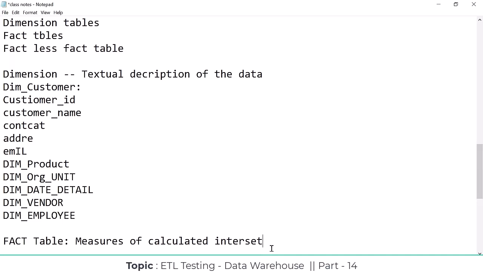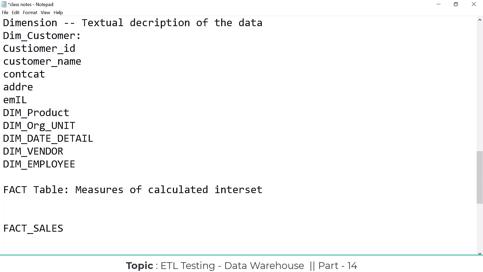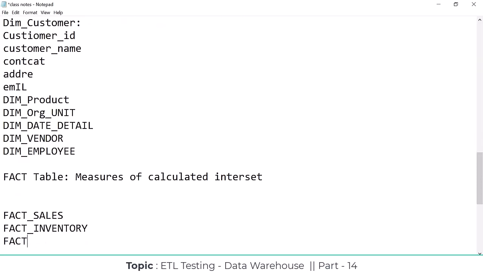The examples of the fact tables: fact_sales, fact_inventory, fact_stock_ledger. They take the ledger balance, how much stock is there, all those things.